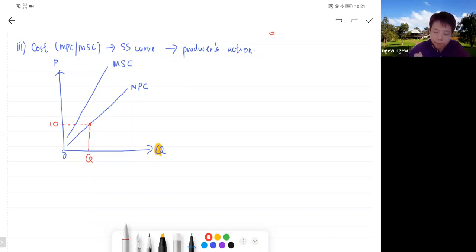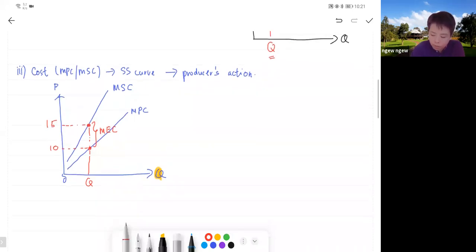However, the actual cost to society is 15. Therefore, although the cost to firms is only 10, this output brings a marginal external cost worth $5 to the third party.